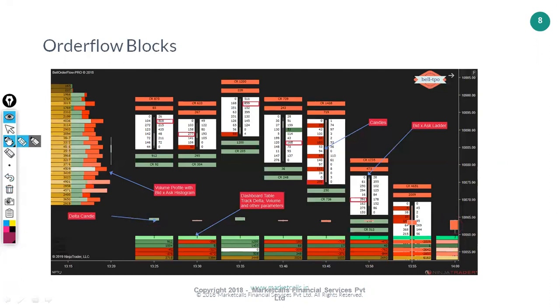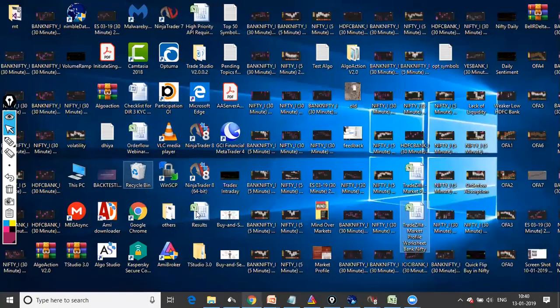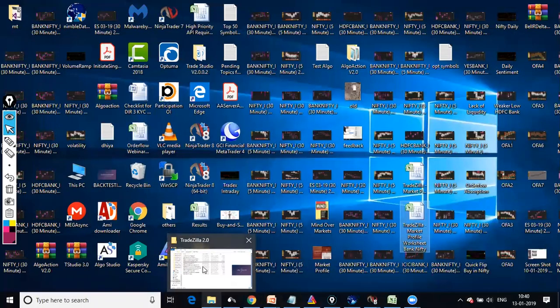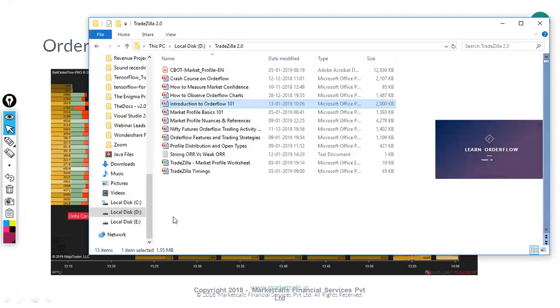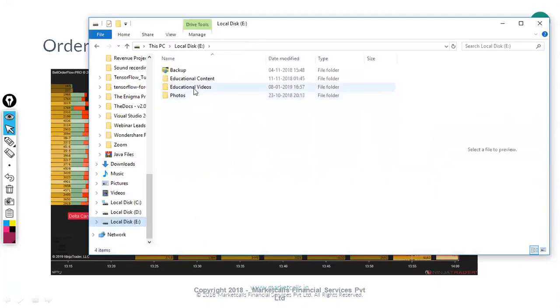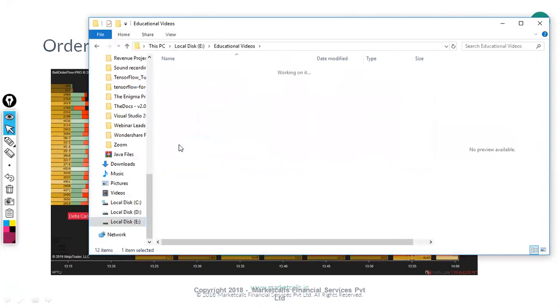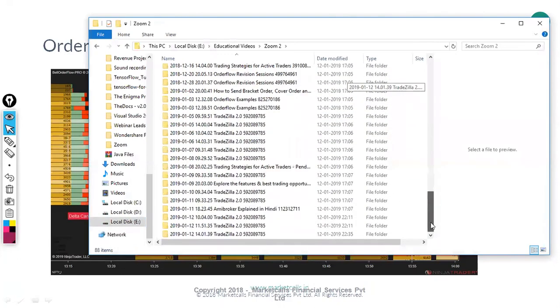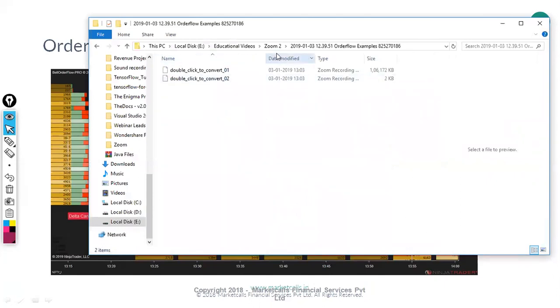Okay, to get a hang of it, I'm going to show you the replay of how the order flow looks like. Let me pull up. So I recorded one of the order flow examples here.